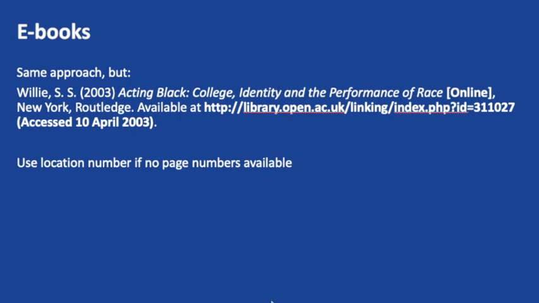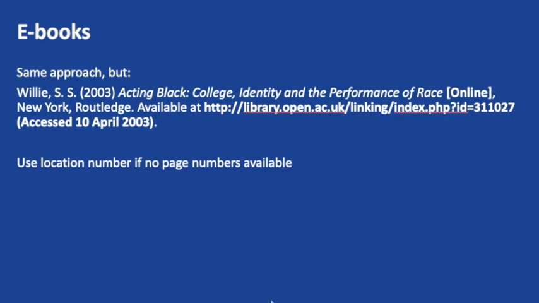Now, if you're going to be using an electronic reader, they don't always have the same page numbering systems that you would have on a hard copy. And if you are in that situation and there is no page number, then use the location number. And you will often find that these are much bigger numbers.